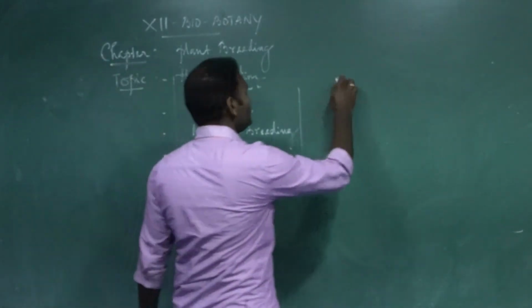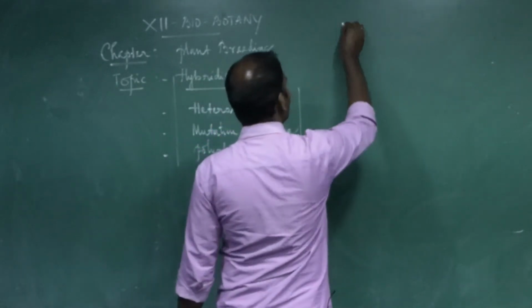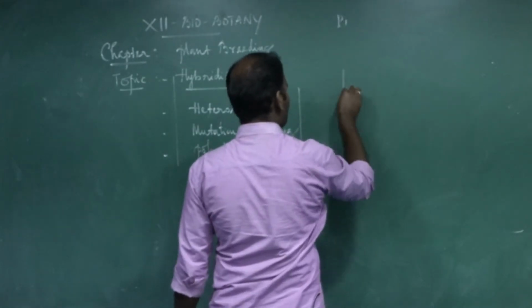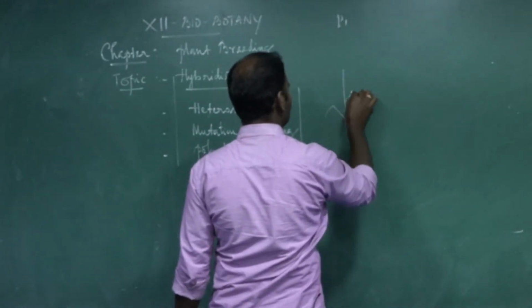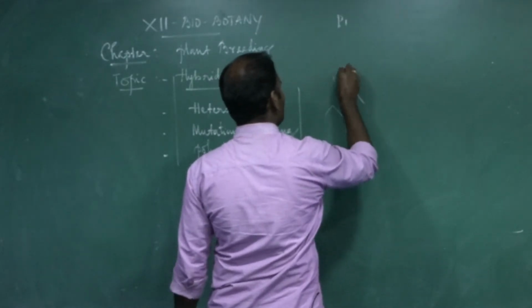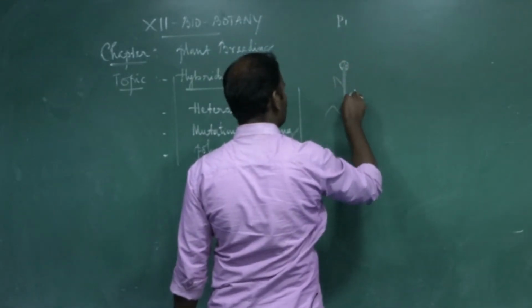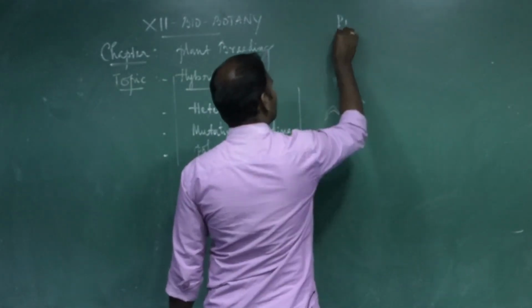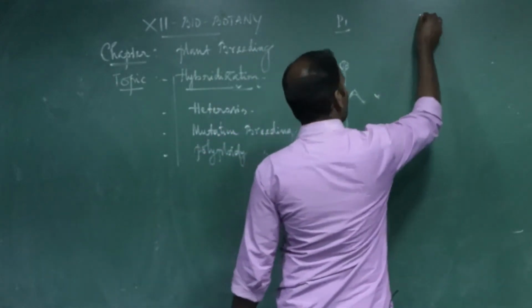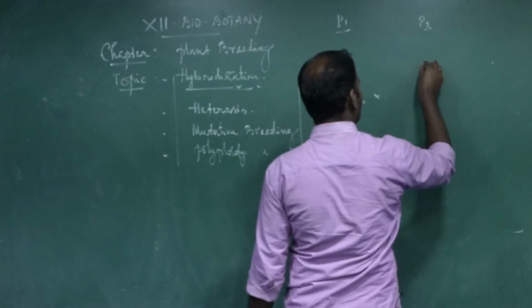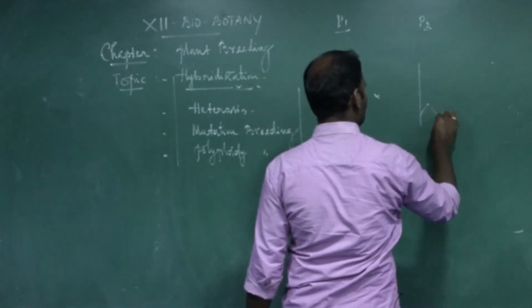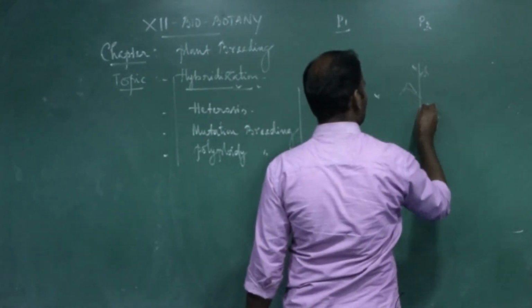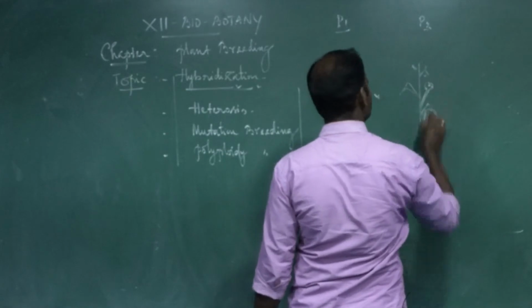If you take genetically unrelated plants, for example, it is a parent one, a parent crop, it produces flowers at the tip. Then it is crossed with another parent, which produces flowers at the axils.